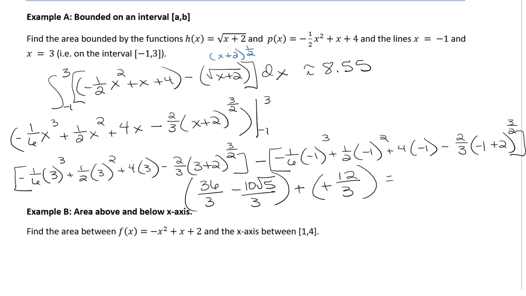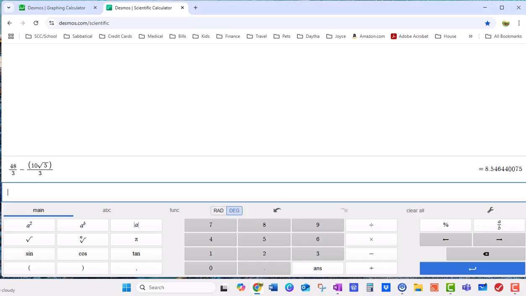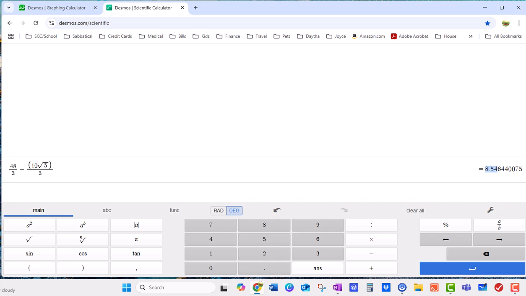And let's see, that gives us 48 thirds minus 10 rad 5 over 3. I know it's a lot of algebra in there, combining like terms. But if we went to our calculator, 48 thirds minus 10 rad 5 over 3, we do get the 8.55, the exact same value.